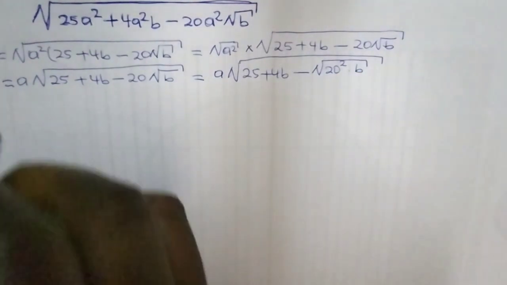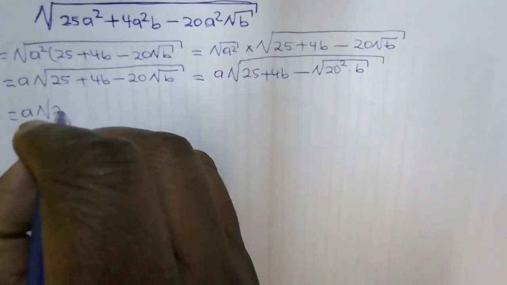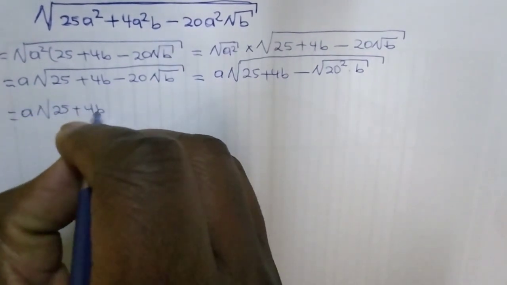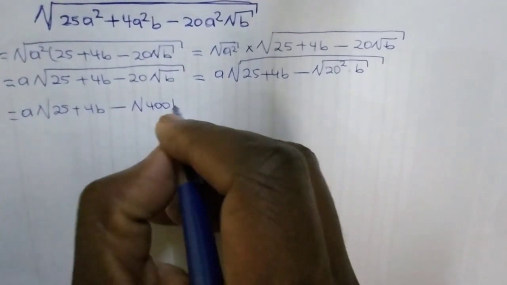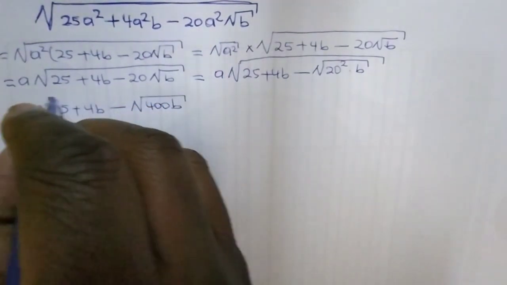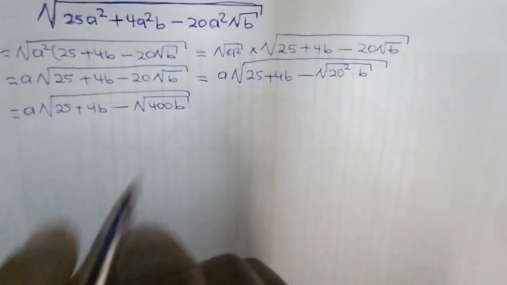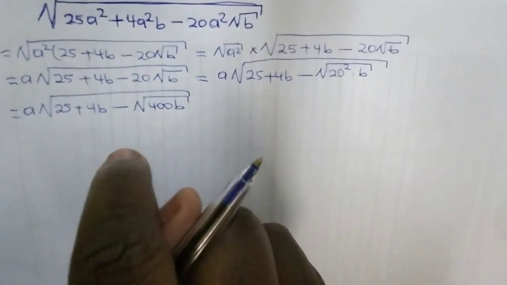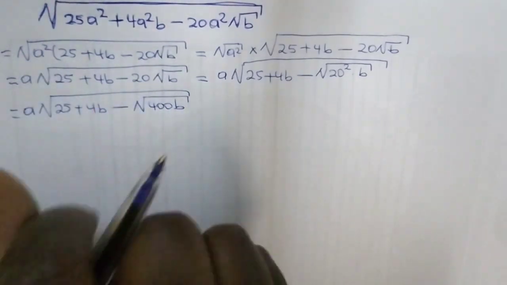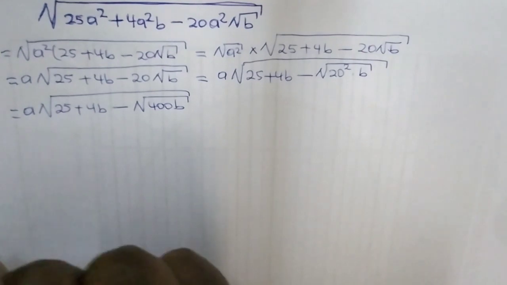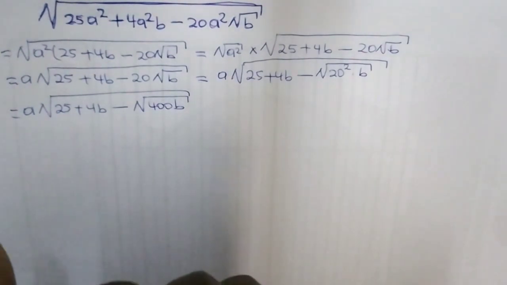So therefore, we will have a factor of square root of 25 plus 4b minus square root of 400b. Ladies and gentlemen, so far I'm still having the double radical. I have just managed to take out a and then to bring 20 inside the radical sign. But now the work ahead is still big.